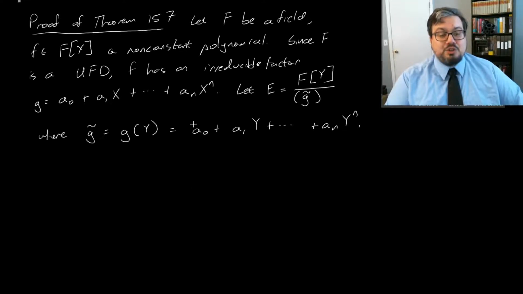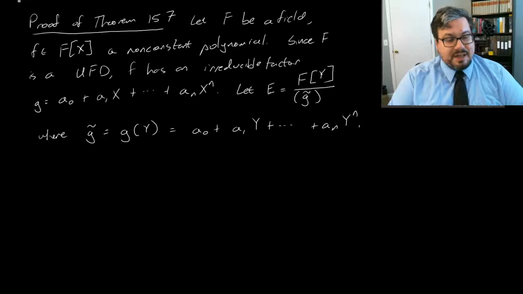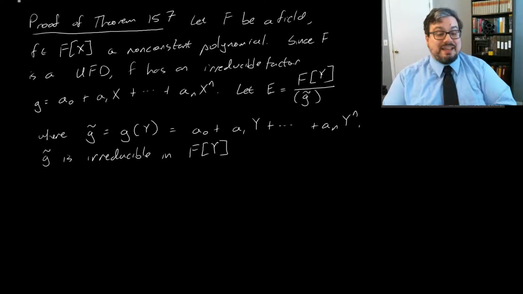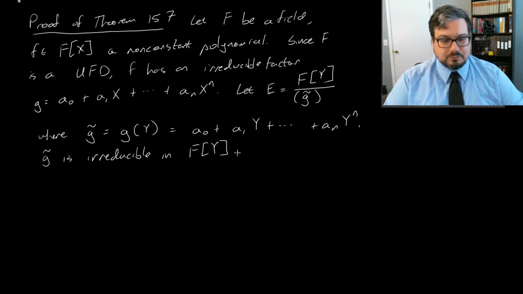Now y is a new indeterminate here, but when we take this field here, notice that g tilde is irreducible in F adjoin y, and that's because g is irreducible in F adjoin x, and all we've done is replace x's with y's, just a relabeling.